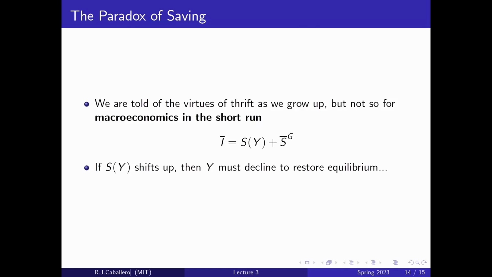And then I showed you an interesting result, known as the paradox of savings, which says the following. If for whatever reason consumers decide to save more, say, because C0 now comes down, so now they have a certain income, and out of that same income they want to save more.